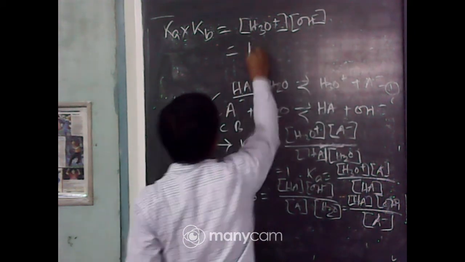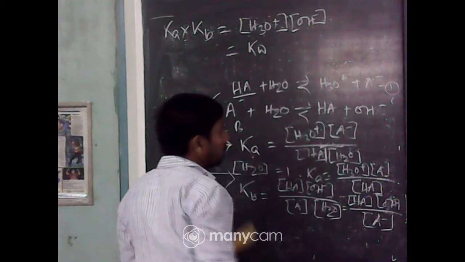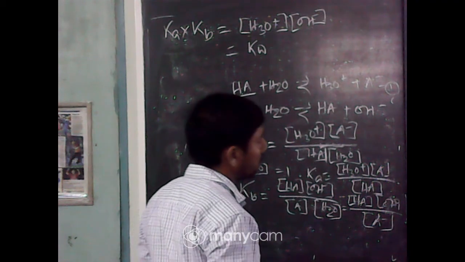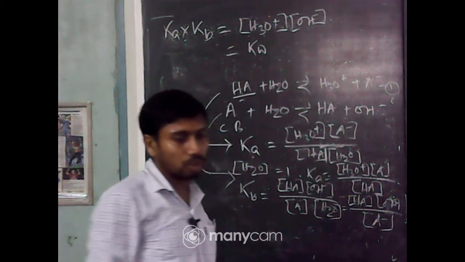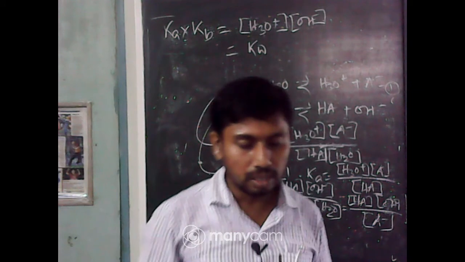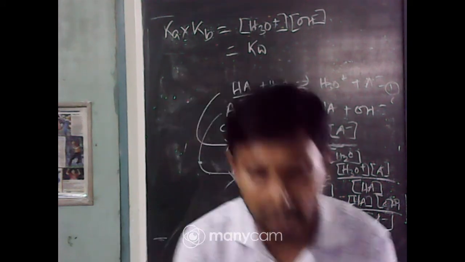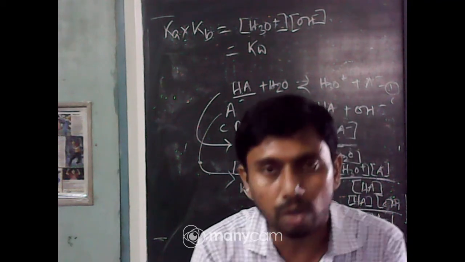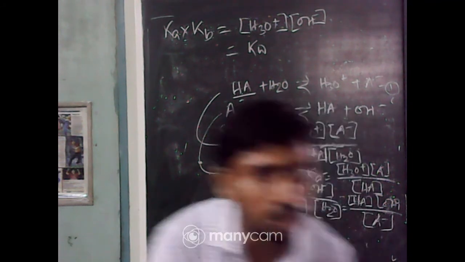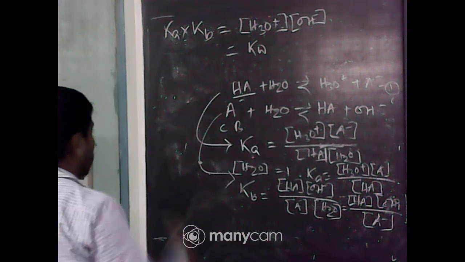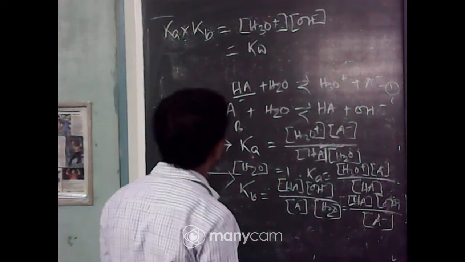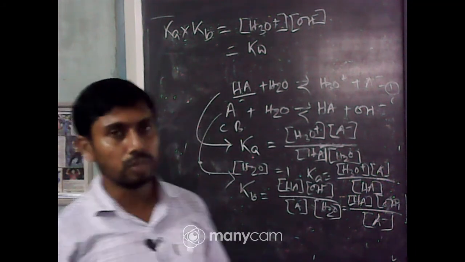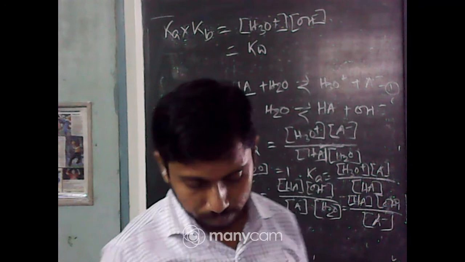It will further be Kw because it is the dissociation of water. So, Ka into Kb, the dissociation constant of acid and of conjugate base, is equal to a constant value, that is Kw, because Kw has a fixed value at a fixed temperature, at 25 degree centigrade it is equal to 10 to the power minus 14.